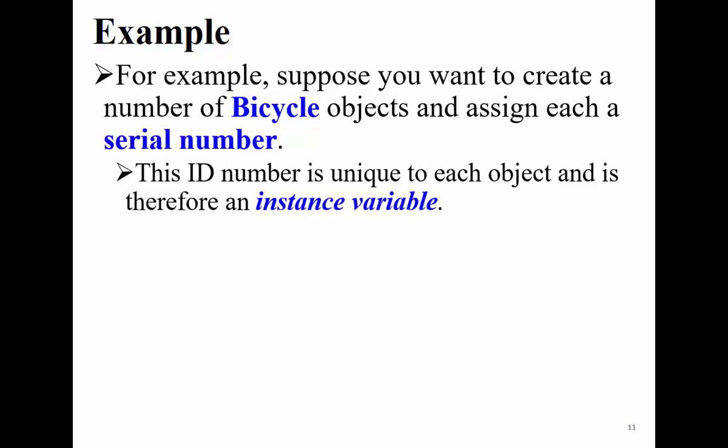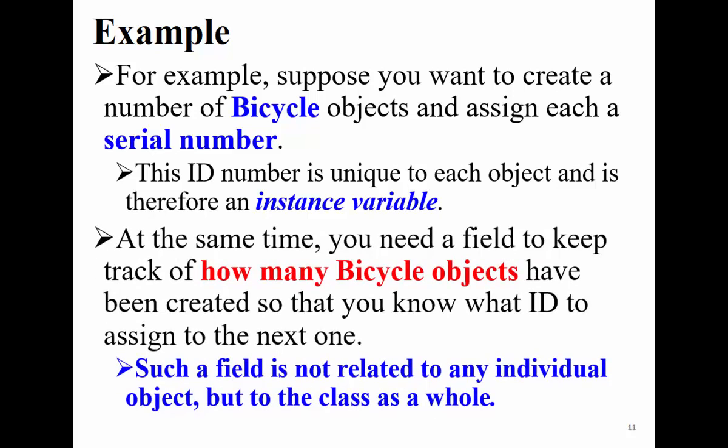We have an ID for each bicycle. The ID is unique, but the number of bicycles is common for all the bicycles produced by the factory. So we can answer the question, how many bicycles or how many objects we created, and such a field is not related to any individual object, because it is related to the factory.